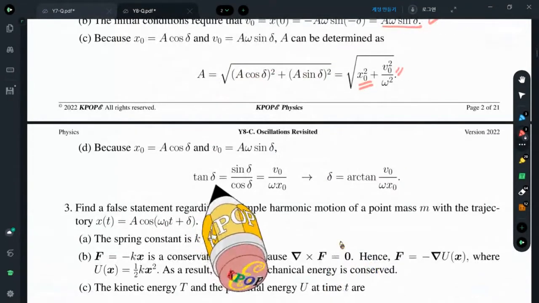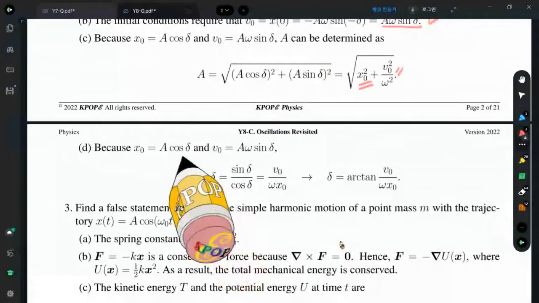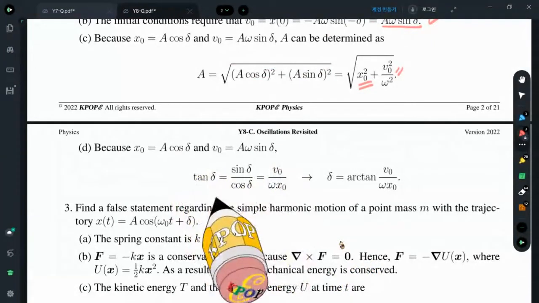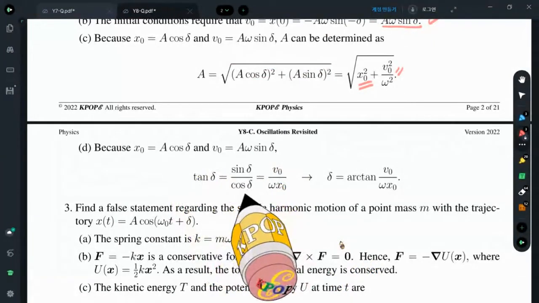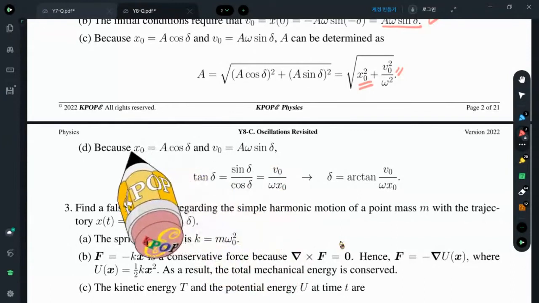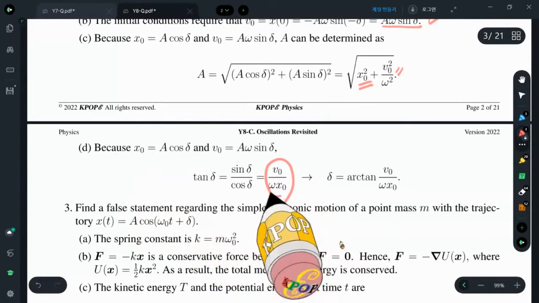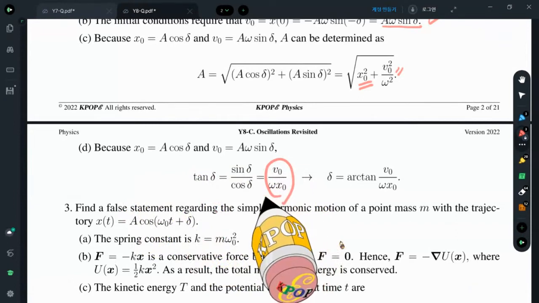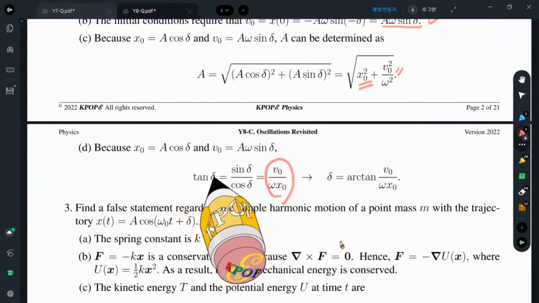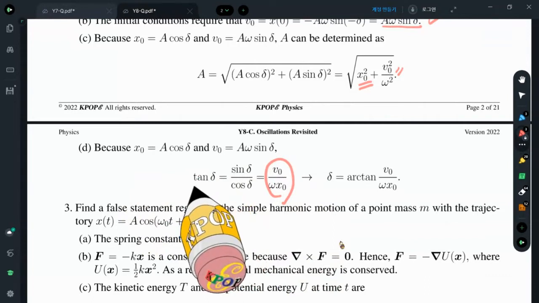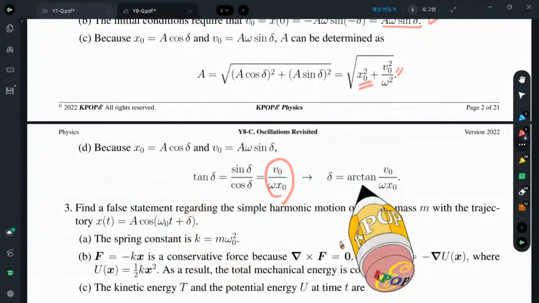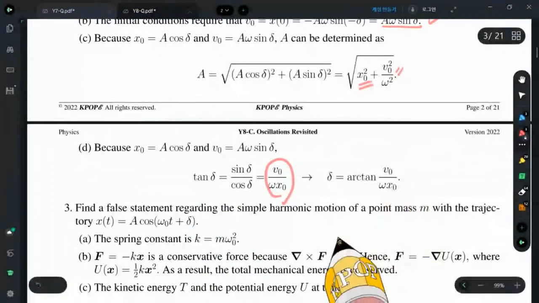Sure, this delta is also expressed in terms of a tangent, and the tangent is sine over cosine, and using these inputs, we can determine tangent delta. Therefore, this delta can be expressed by making use of the inverse function of tangent called arctangent. That is the value.